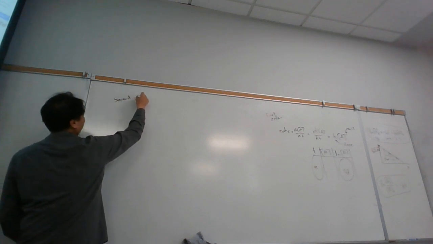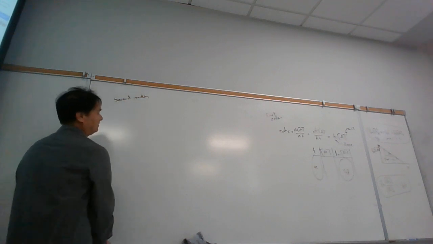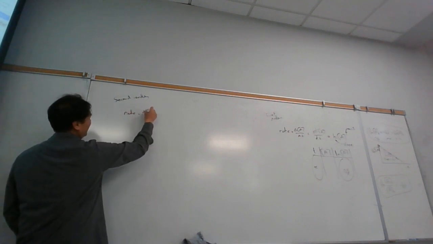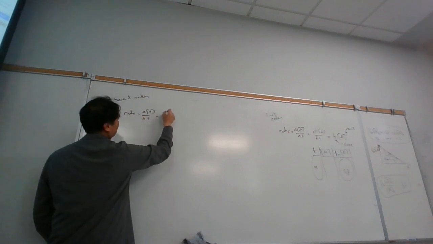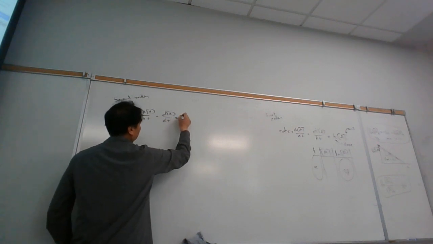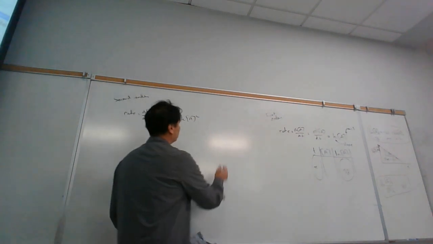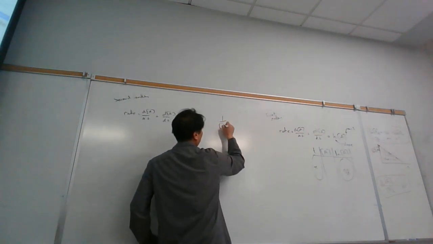For second order, we get that the rate, delta A over delta T, is equal to dA over dt, which is equal to kA squared. And the integrated rate law for this just has one form.